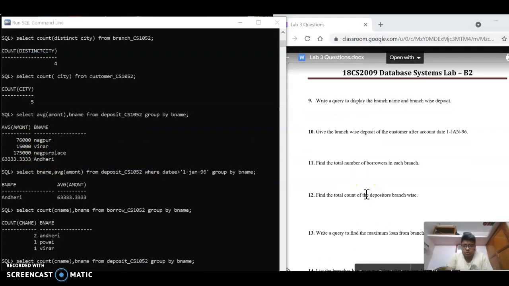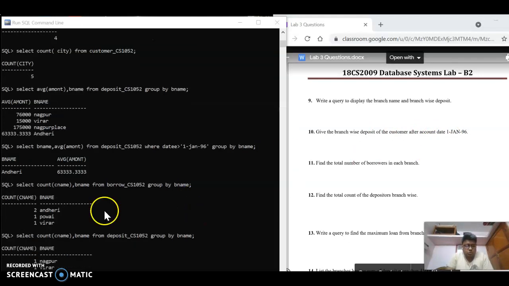And moving on to the 10th question, give the branch wise deposit of customers after account date 1st Jan 96. So we have to select B name and the average amount from the deposit table where the date is after 1st Jan 96, group by B name. So this is that average amount deposit of customers after 1st Jan 96.